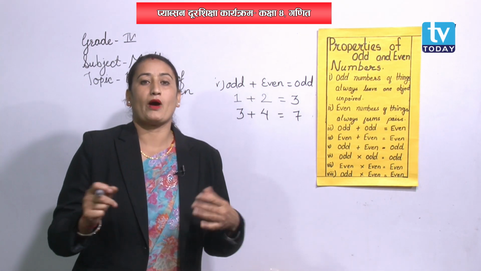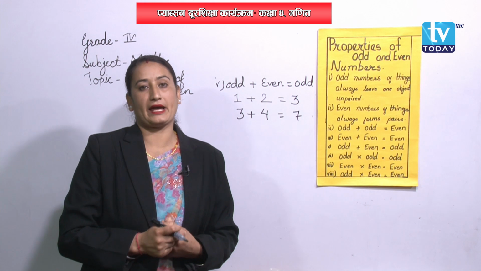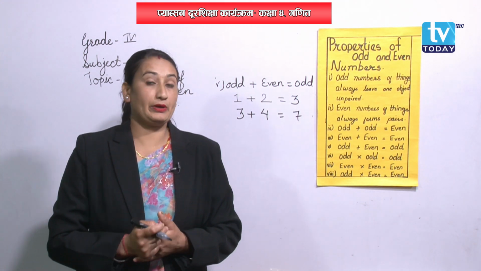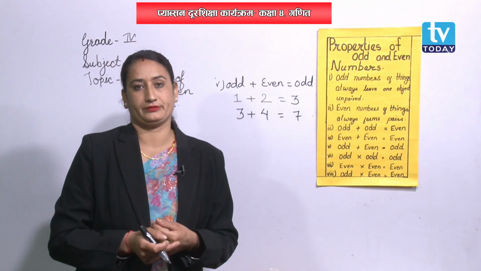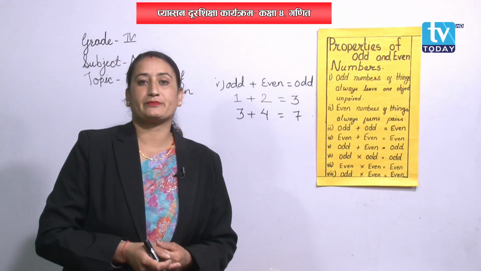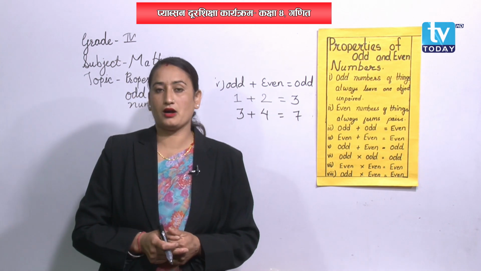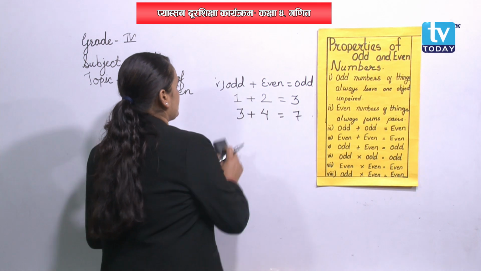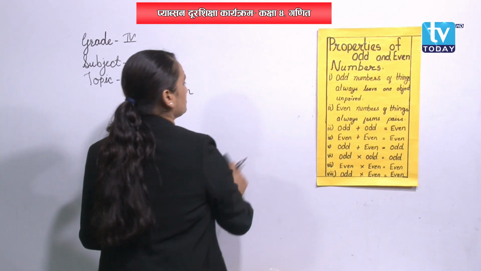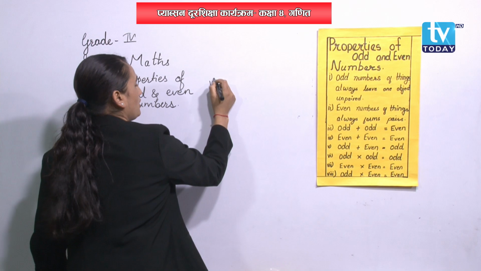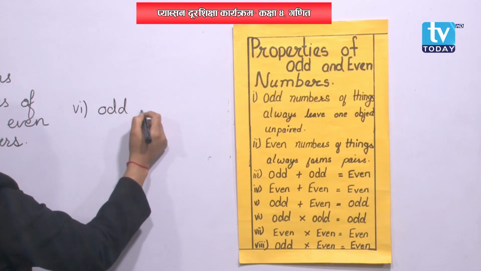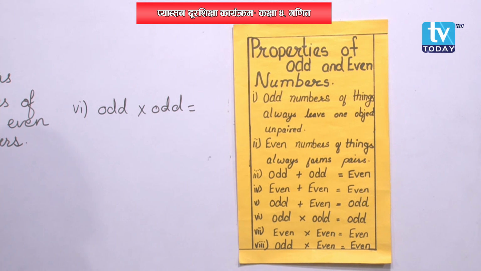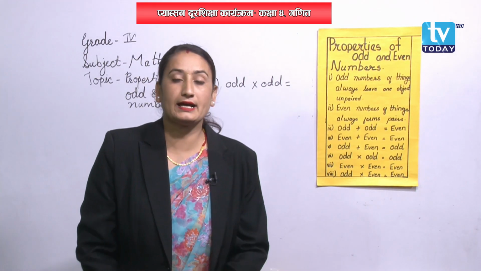What will happen if we multiply odd and odd numbers? What will we get, even or odd? Let's multiply an odd number and an odd number. So students, let's do it with the multiplication sign, odd times odd. If I multiply odd and odd, what will be the answer?